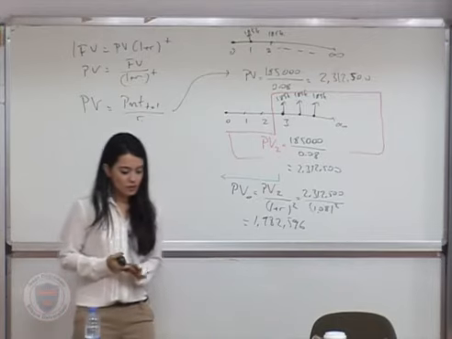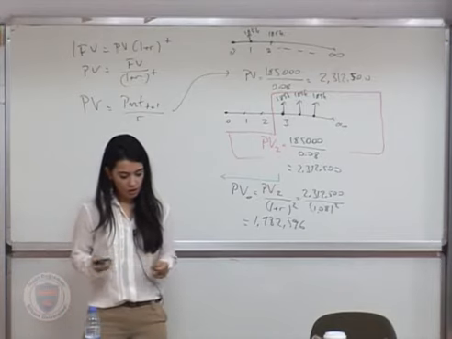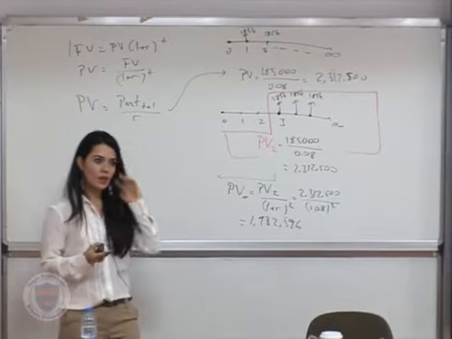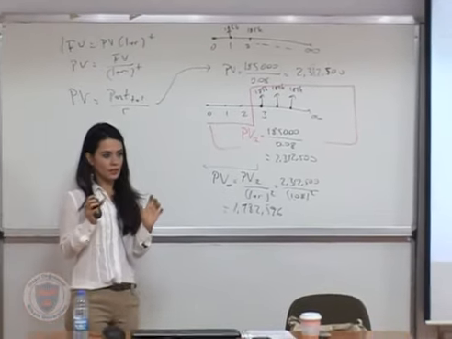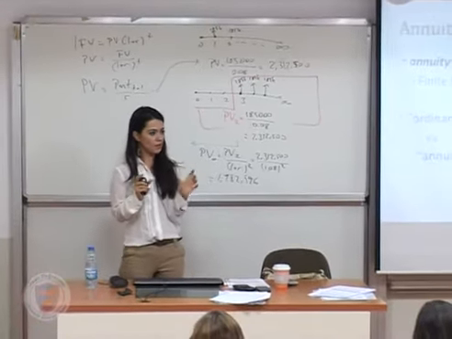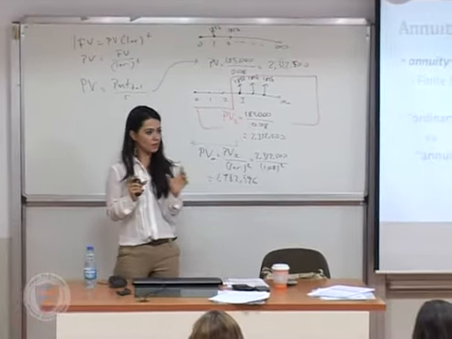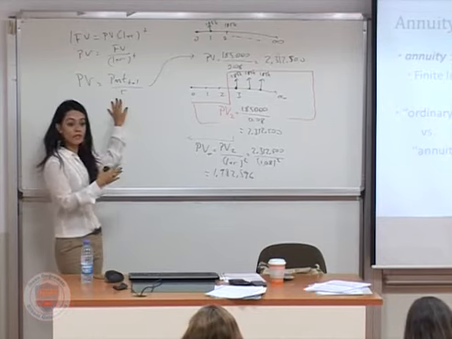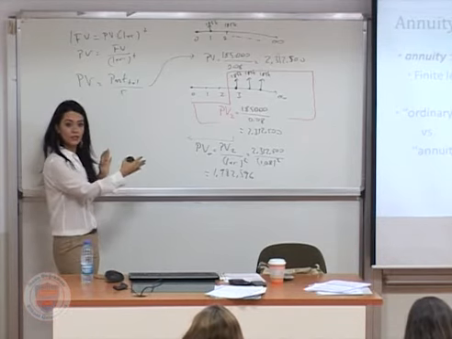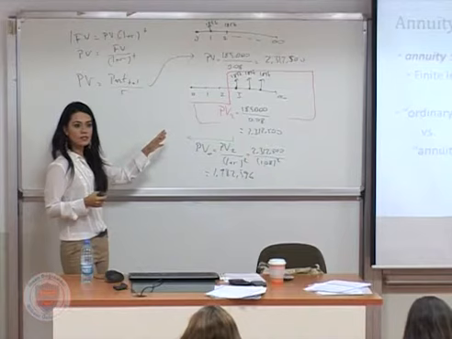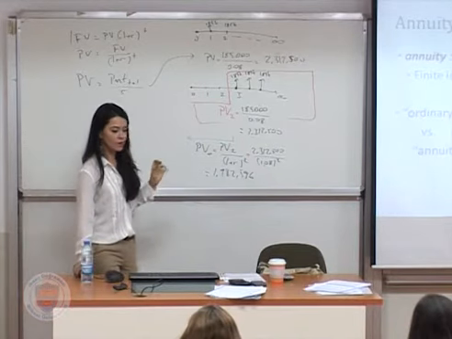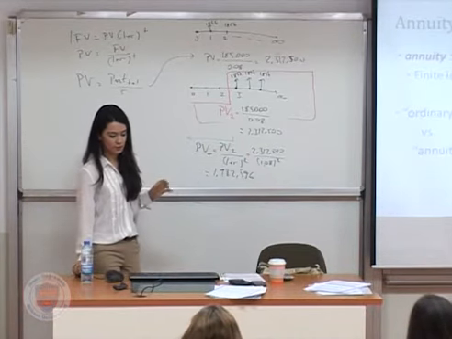Okay, so in the annuity, you will have constant amount of payment, constant amount of cash flows for a finite period of time. So in the perpetuity, it was infinite. It was constant, but infinite. For annuities, it is finite and constant payment.